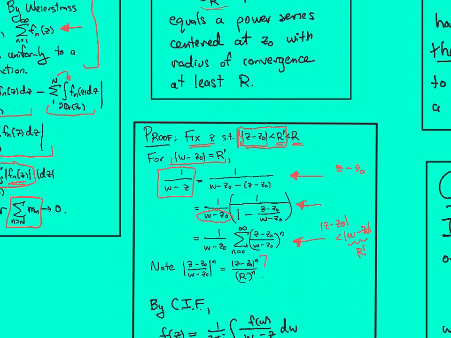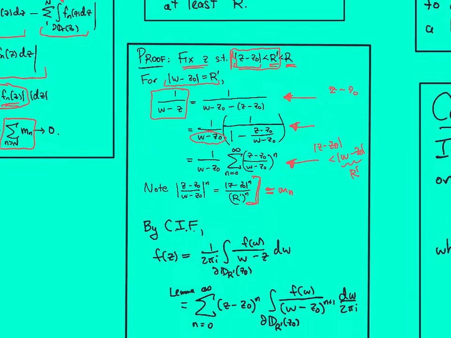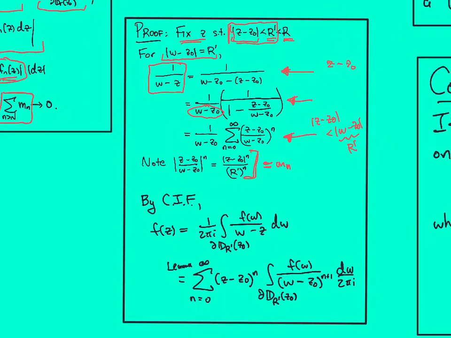Okay, and so the terms here have this modulus, which will play the role of mn in the previous lemma. By the Cauchy integral formula, I can write f of z as this integral on the disk of radius r prime centered at z naught.